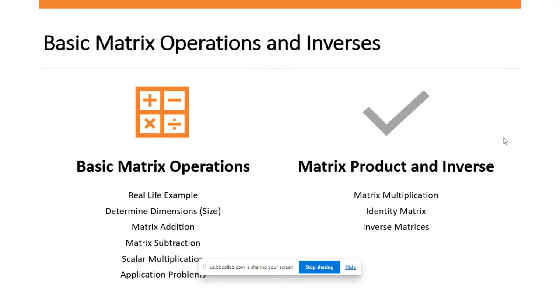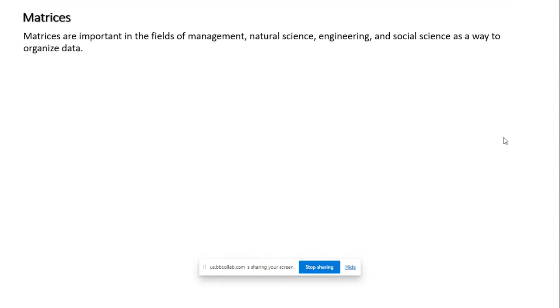Then when we deal with the product and inverse of matrices, we're going to show you how to do matrix multiplication, what an identity matrix is, how to find an inverse matrix, and what an inverse matrix is.